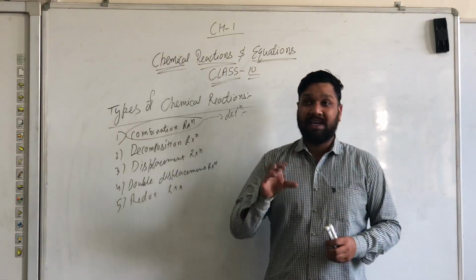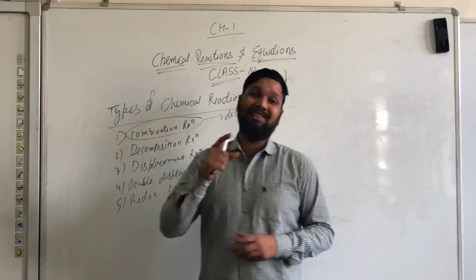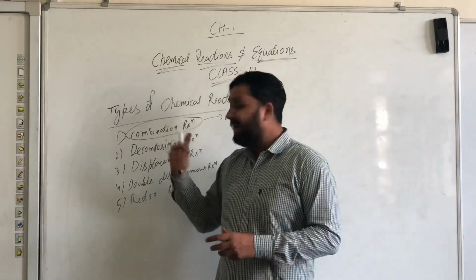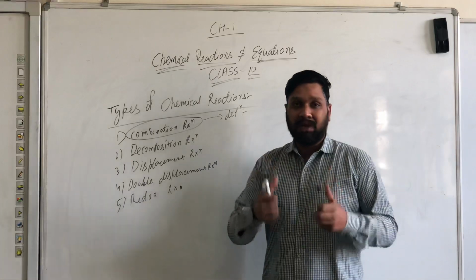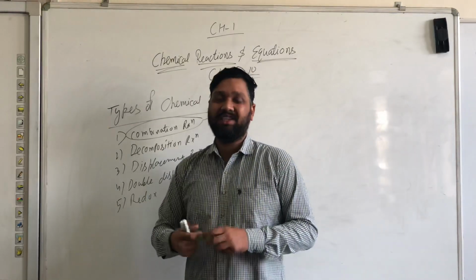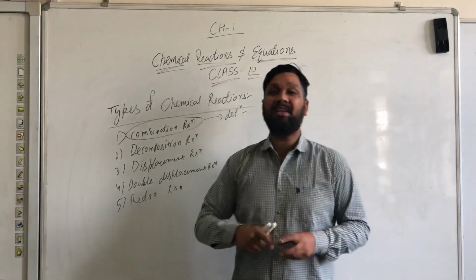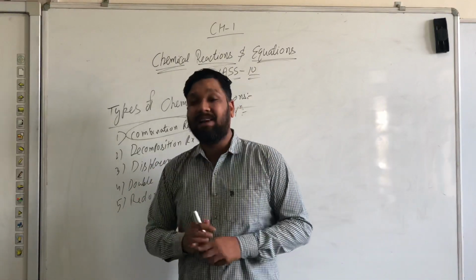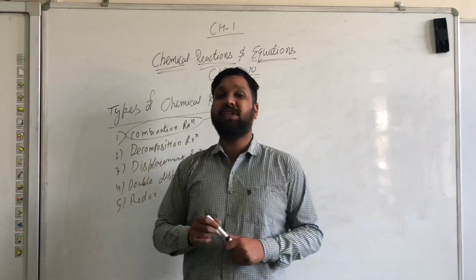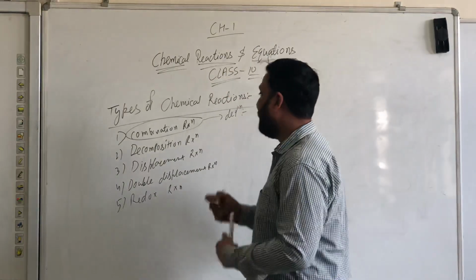I will send the page number of NCERT where you can read the definition of a combination reaction. But before that, you must be clear about it. When more than one species combine together to form a single product, the reaction is called a combination reaction.